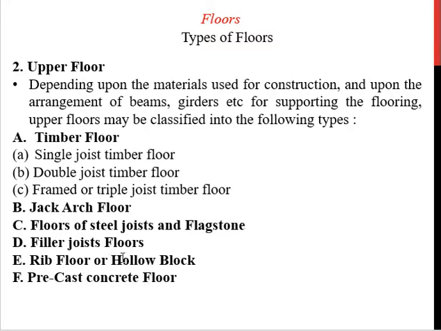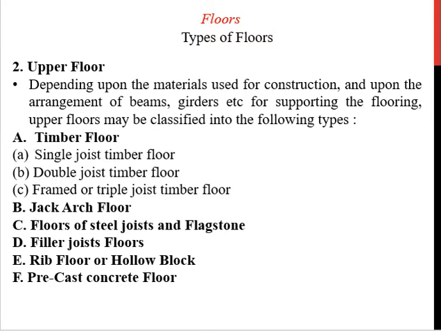So these are the basic six classifications of the upper floor depending upon what type of material we are using in order to construct the upper floor. The upper floor consists of first story, second story, third story, and it doesn't include the ground floor. So that's the basic difference between the ground floor and the upper floor.